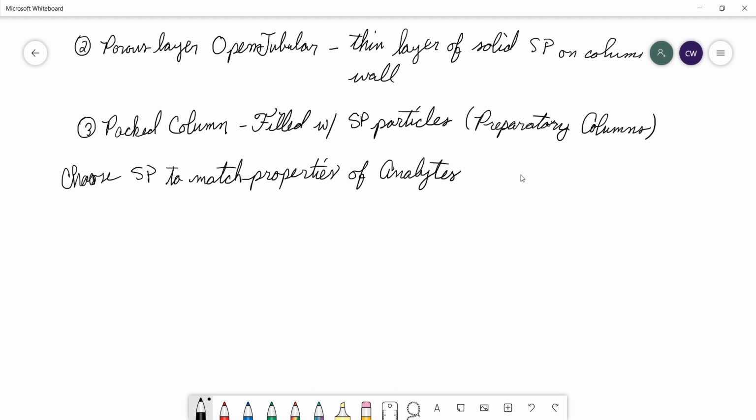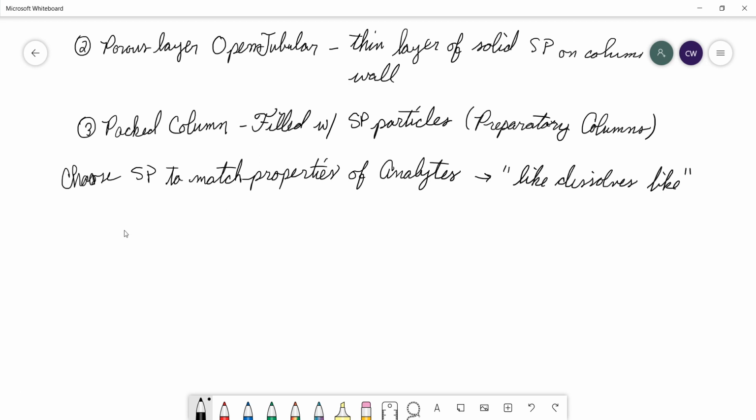All right. Remember, back to Gen Chem, like dissolves like. So if you're separating polar compounds, you want a somewhat polar stationary phase.